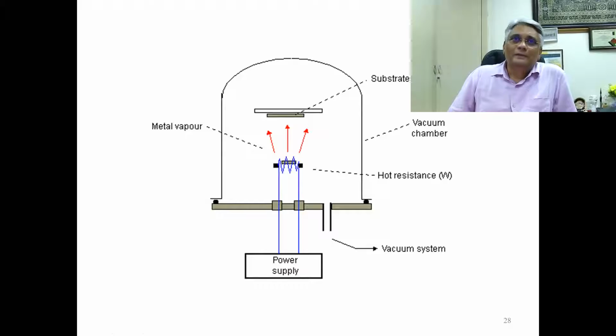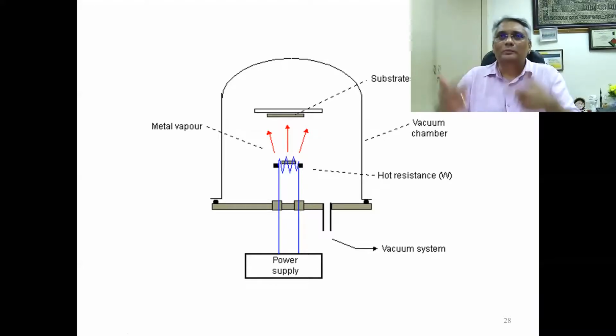That's the reason why, first of all, the process is not directional. These species can go all over the place, and the kinetic energy is very low. So you don't expect a high degree of crystallinity of thin films. Thermal evaporation, for all practical purposes, is a very good, simple technique for metallization. If I have a surface on which I want to give metal contacts to do some experiments or to make devices, thermal evaporation is a good process.